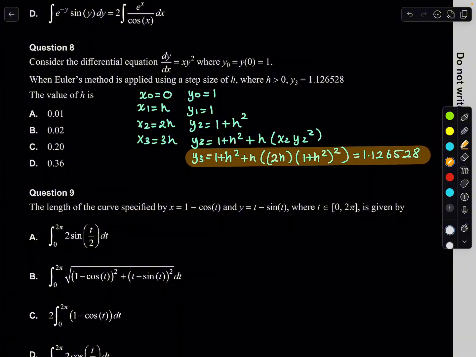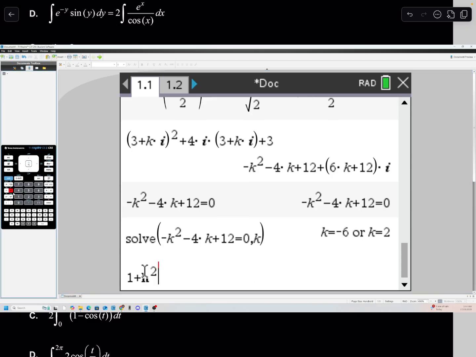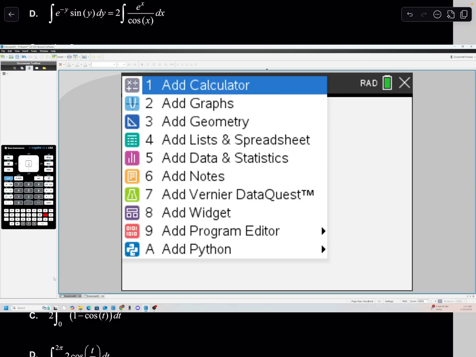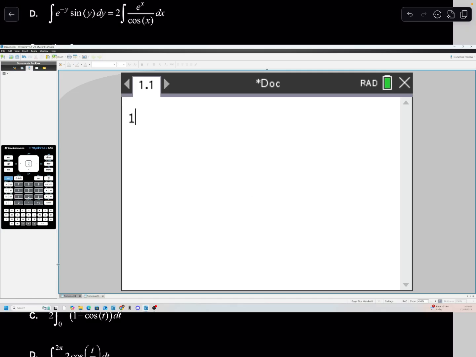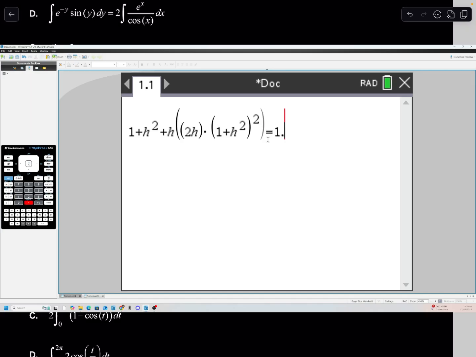I can put this in my calculator and solve for h. So 1 plus h squared, plus h times 2h times 1 plus h squared all squared, is equal to 1.12658.